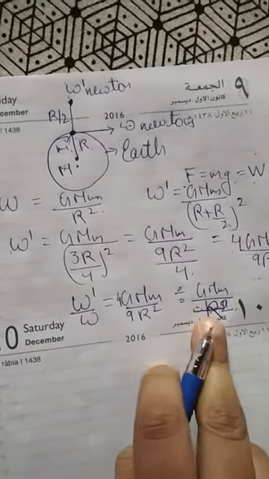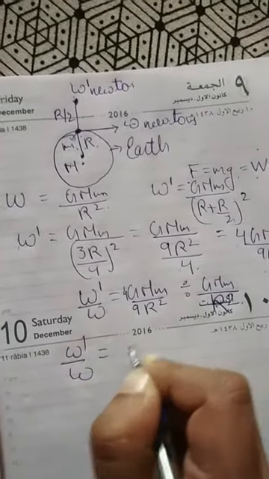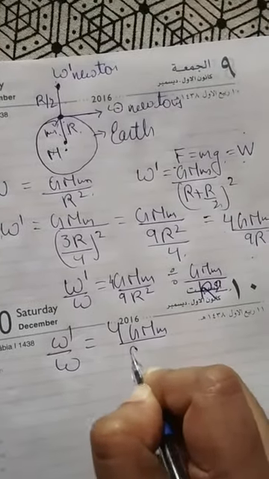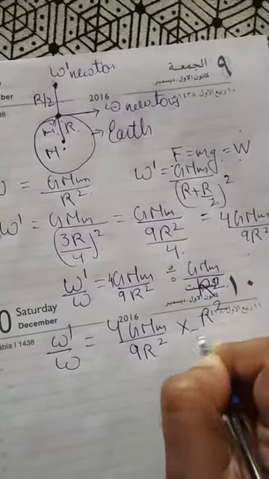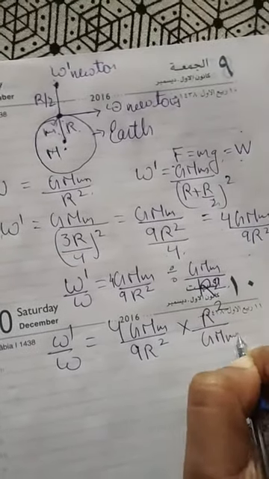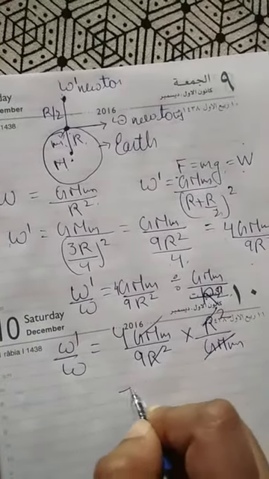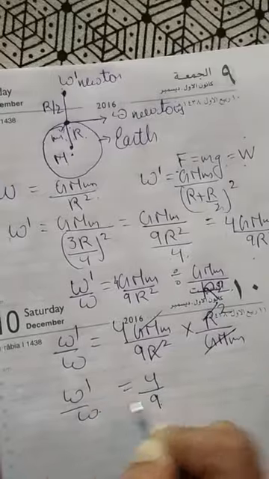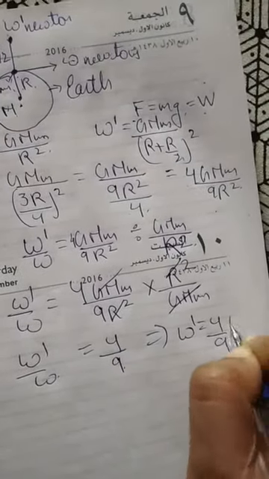So W dash upon W is equal to 4 G M m upon 9R square multiplied by R square divided by G M m. This cancels out with this, this cancels out with this, and your answer will be 4 upon 9. So W dash upon W, or W dash, is equal to 4 upon 9 W.